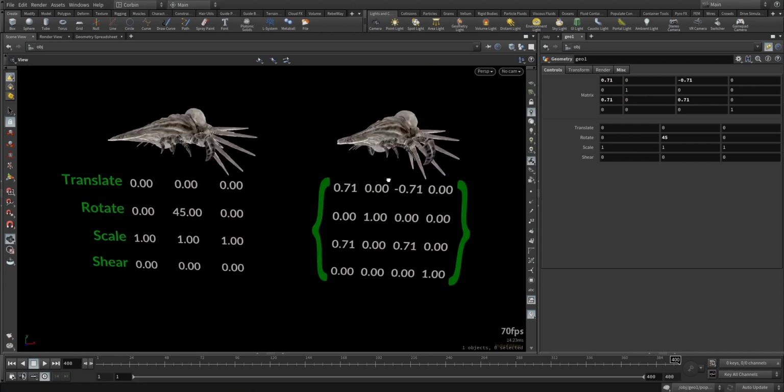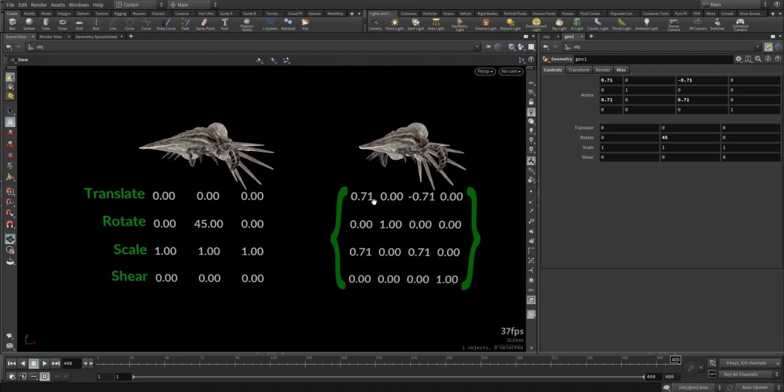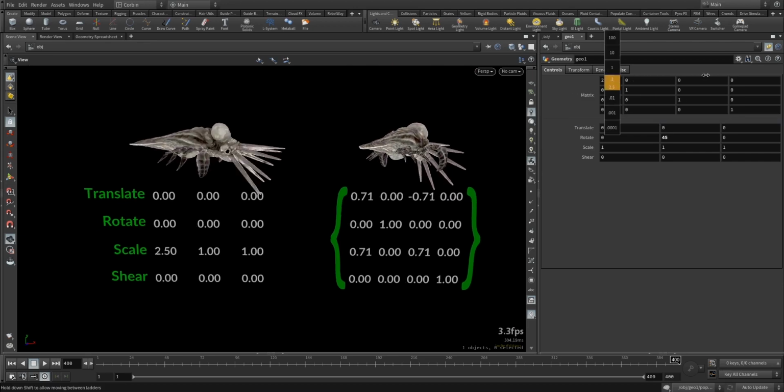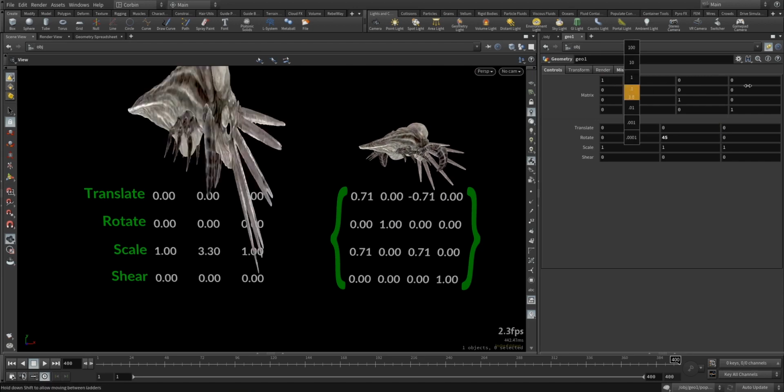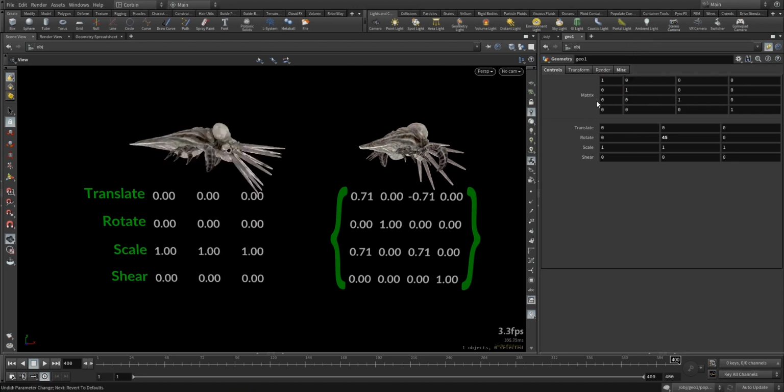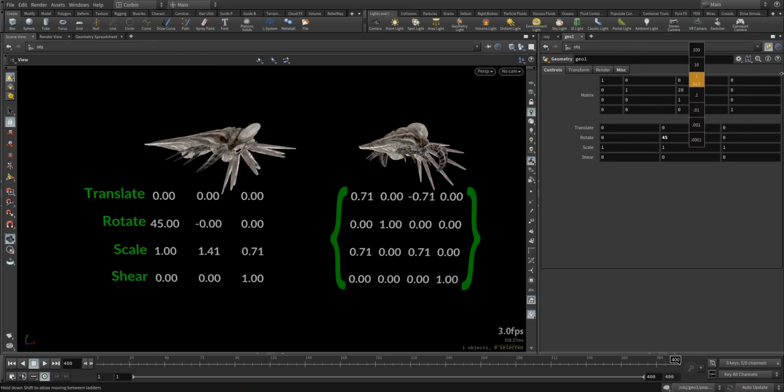What you'll notice is that, like we've seen before, this number seems to relate to scale in isolation, and there also seem to be ones that relate directly to shear in isolation, but there doesn't seem to be rotation. None of these, when we alter them, seems to just rotate.